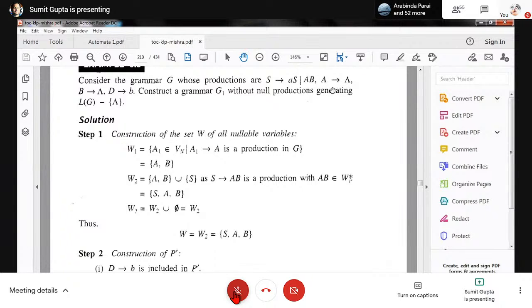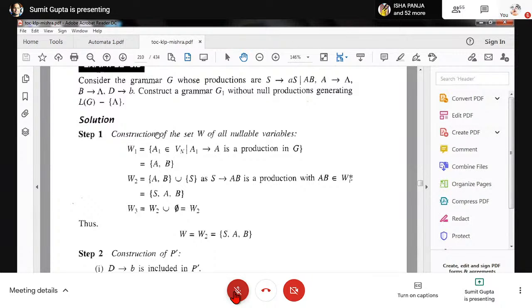If we apply this one, no derivation is possible. So these productions are called null productions, and the variable in this production, capital A, is called a nullable variable.